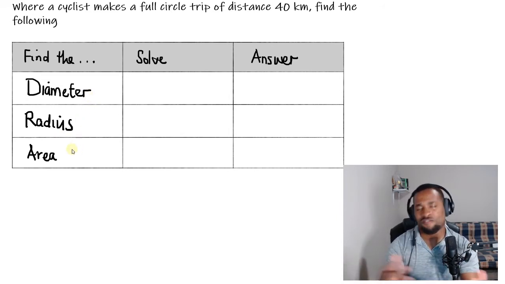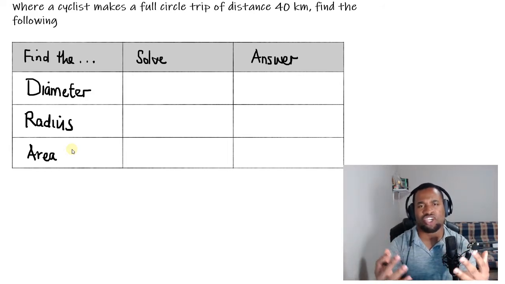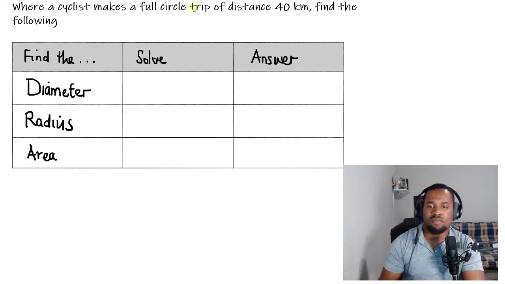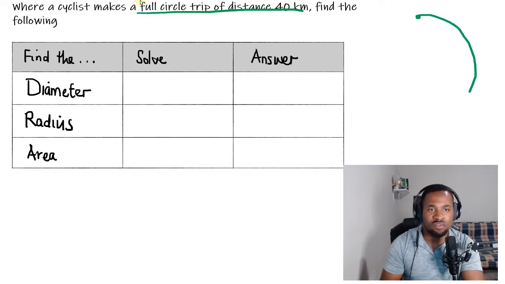This is where first you need to have a picture of what is going on. Based on this question, we have a cyclist making a full circle trip of distance 40 kilometers, which means this cyclist starts here, makes a full circle trip and ends here.